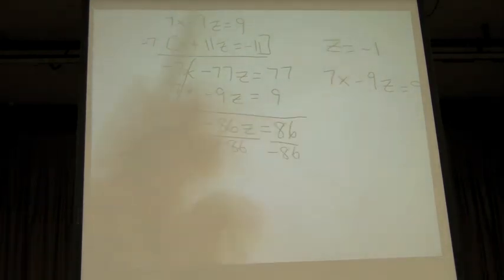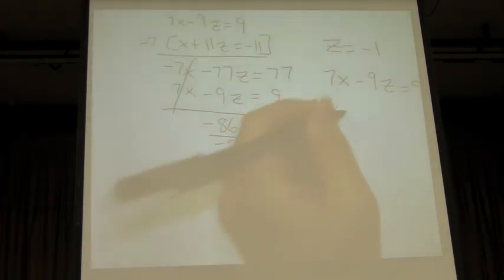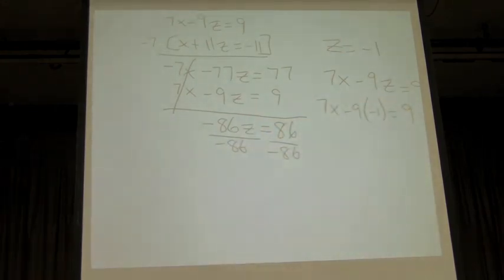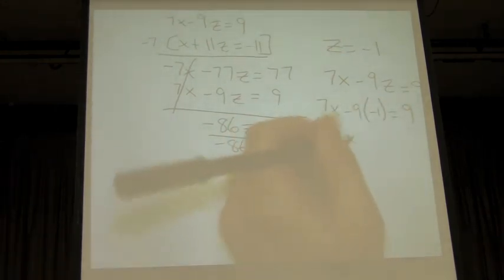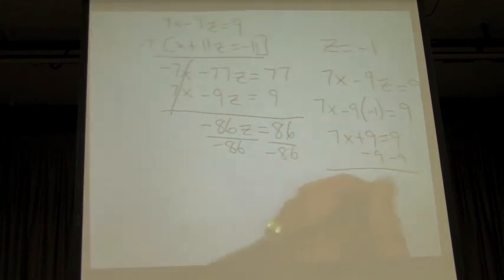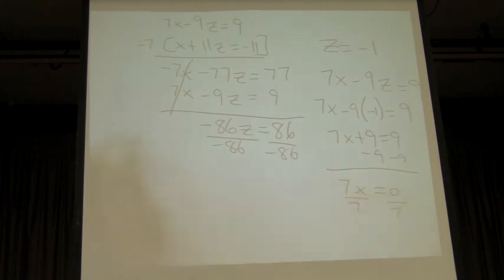Plug in negative 1 for z. 7x minus 9 times negative 1 equals 9. 7x plus 9 equals 9. Subtract 9. 7x equals 0. Divide by 7. x equals 0. You have x is 0. You have z equals negative 1.